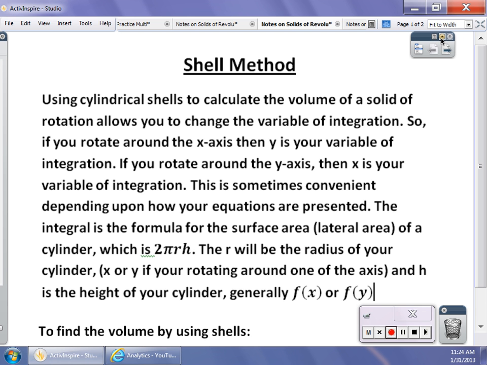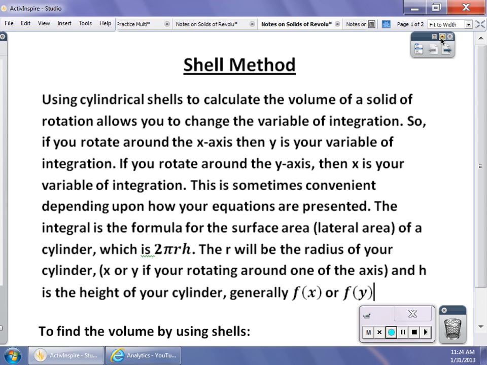If you're rotating around a vertical line or the y-axis, then x is your variable of integration. And what you're doing here is you're finding the lateral area of a shell, what we call a cylindrical shell, so a cylinder basically.